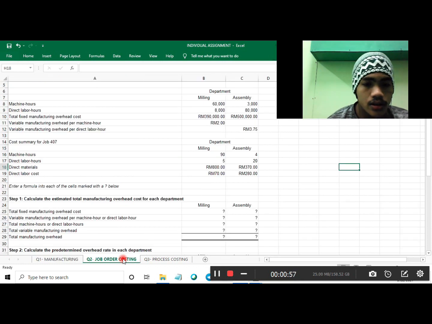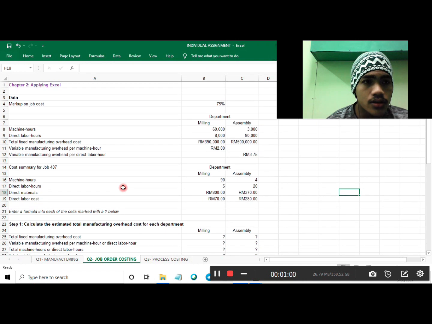So okay, we have chapter 2, applying Excel for job order costing. For the data, we have a markup on job cost of 75%, and then we have two departments, which are milling and assembly.